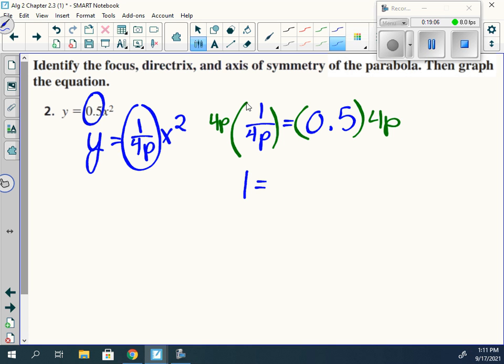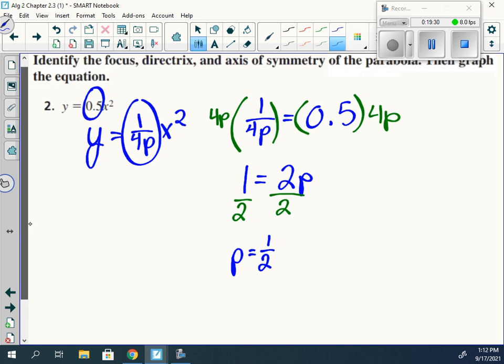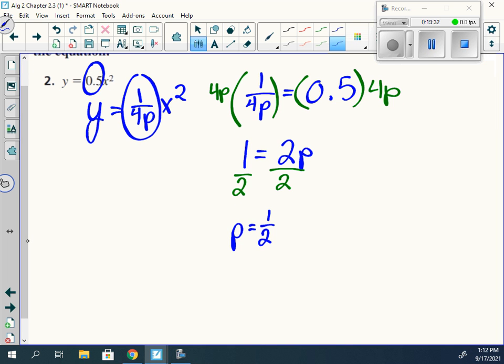Now we need to do 0.5 times 4p. And then p is equal to what? 1/2. P is equal to 1/2.